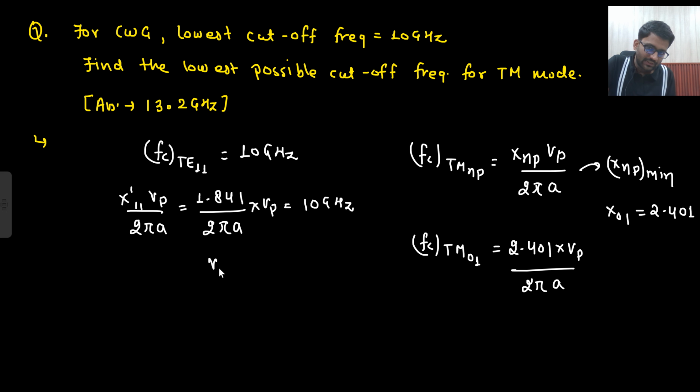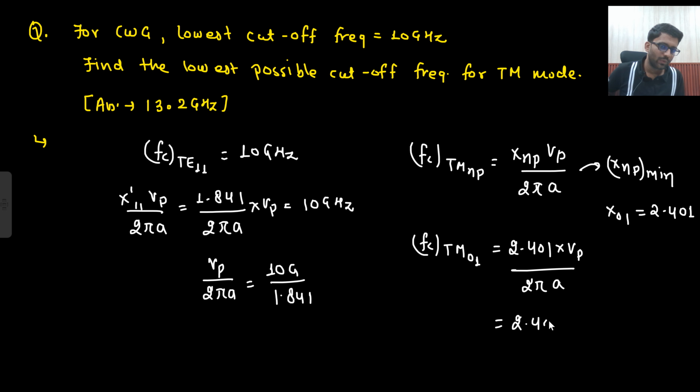So from here, Vp upon 2 pi a is 10 giga divided by 1.841. So here what do I see? 2.401 times Vp upon 2 pi a. Now what is the value of Vp upon 2 pi a? 10 giga upon 1.841.